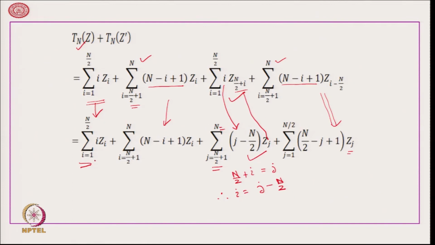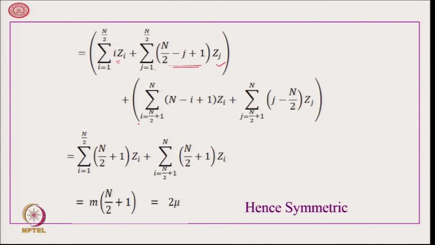That is, we are combining this and this. In a similar way, we combine these two and therefore, we get the following: i equal to n by 2 plus 1 to n of n minus i plus 1 times z_i plus j equal to n by 2 plus 1 to n of j minus n by 2 times z_j.